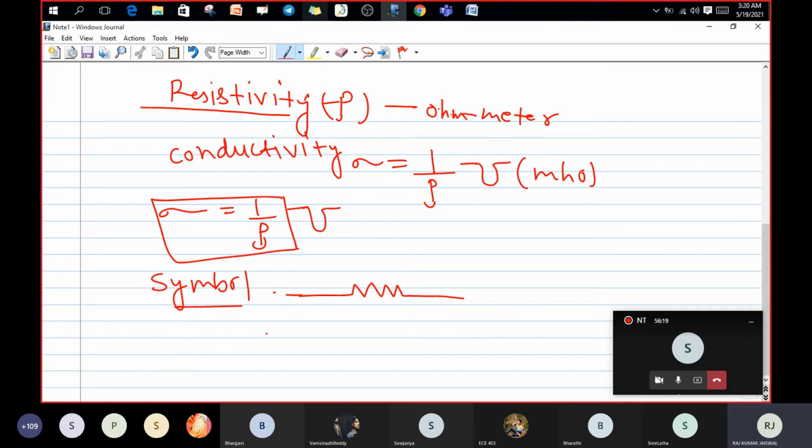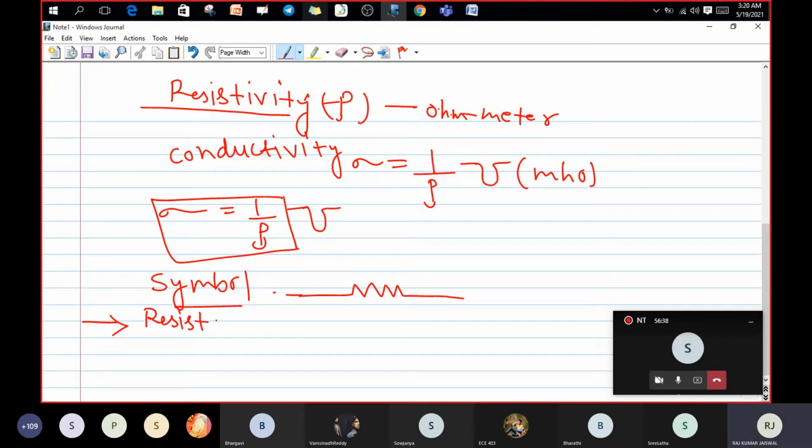Now I have to get one relation which we generally use in Ohm's law. What is that? There we have to define it. Yes, very good.